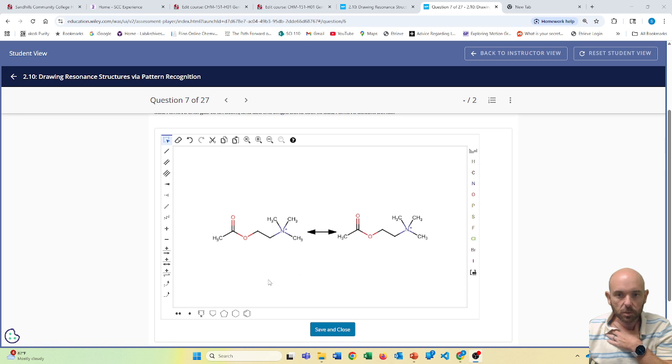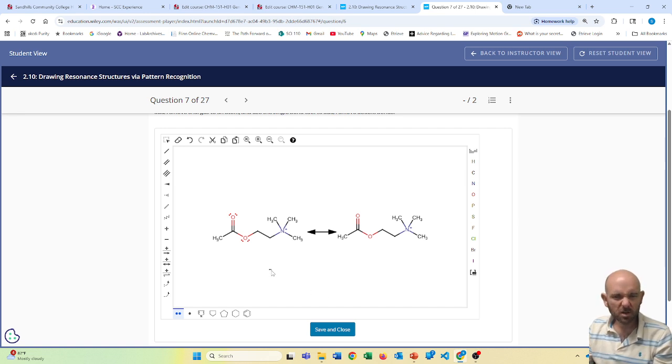Here for this question, we're looking for the lone pair next to a pi bond pattern once more. So I'm going to put these lone pairs in that we want to be able to see. Nothing else should have lone pairs. The nitrogen has a positive charge, so we're not expecting any lone pairs there. If we move one of these lone pairs here using the lone pair adjacent to a pi bond pattern, then we would move one of these lone pairs into a bond somewhere we can make room with it, and we can make room by moving this pi bond here up into the oxygen.